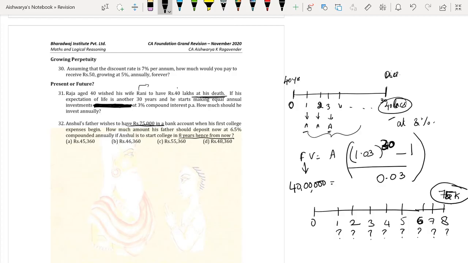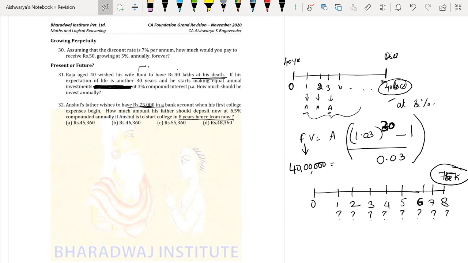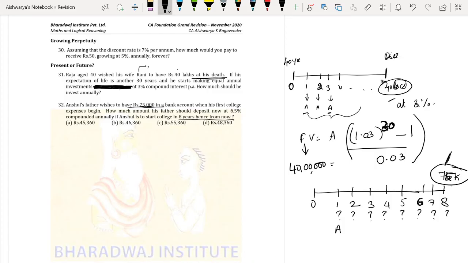So what is this? Is this a present value question or a future value question? Which formula will you be using to find out your A? Yes, because this is also a future value question, because you want to have this money in the future. So again, same formula you will use.